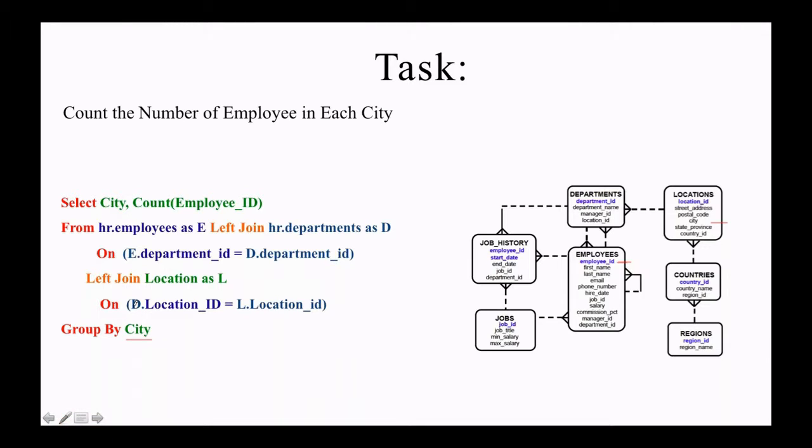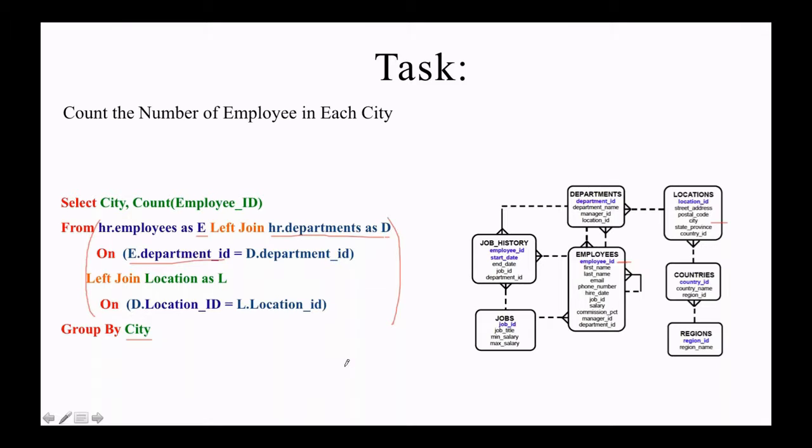However, to do this, you need to create the joins between these three tables. So from hr.employees as E, left join hr.department as D, and so on. On e.department ID, you're just defining these joins, and then you're doing a simple group by, which is aggregating the data based on the city.